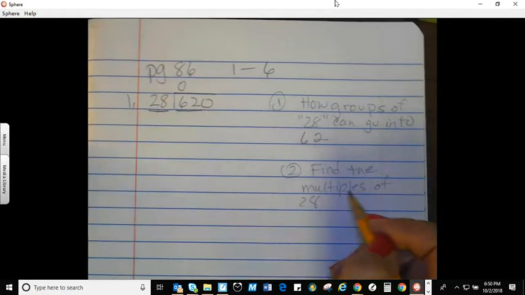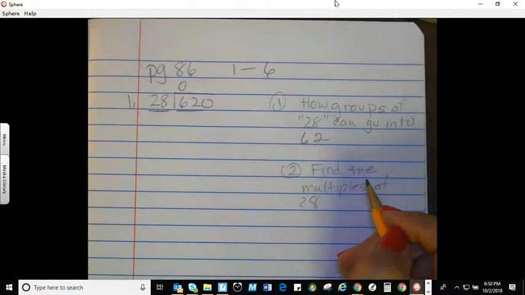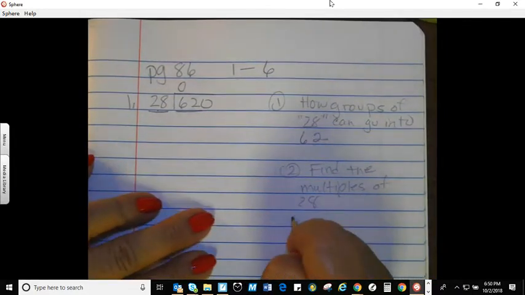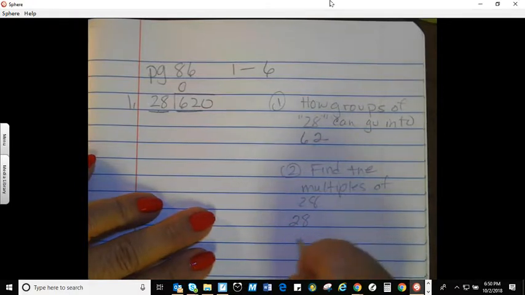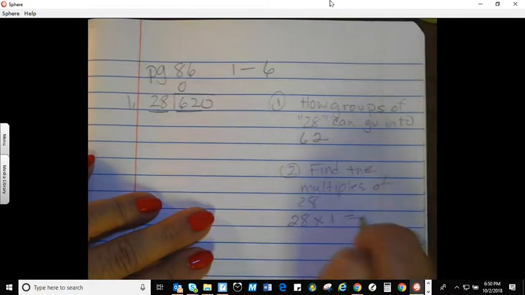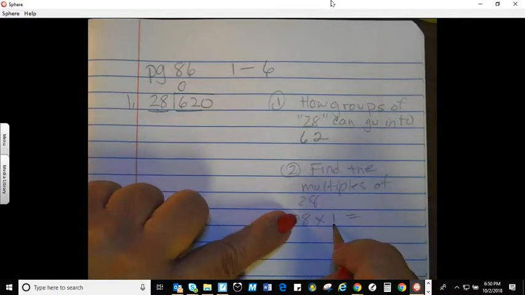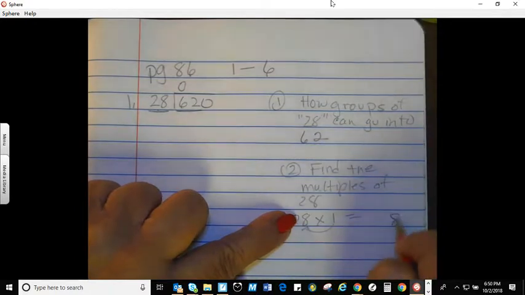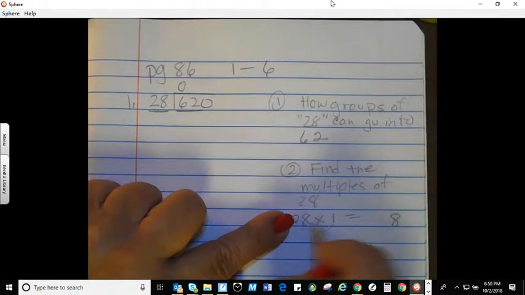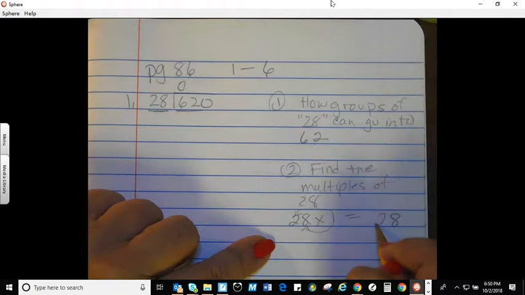So I do the 28, I do the 56, which is also the same as 28 times 1. So 1 times 8, I'm going to put it out here as 8. 1 times 2 is 2, so that's 28.